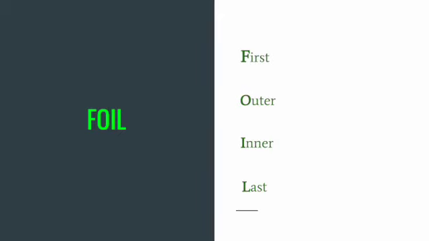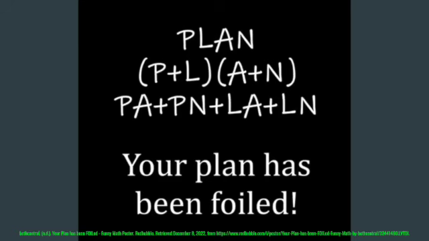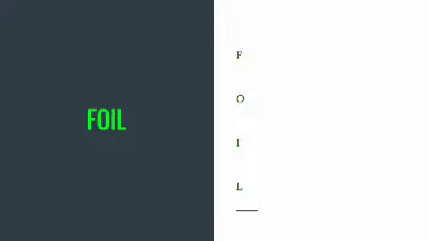But what does this mean? When multiplying binomials, it's very important to make sure that you multiply each term in one binomial by both terms in the other. FOIL gives you a pattern in which to multiply those terms. First means you multiply the first term of the first binomial by the first term in the second binomial.